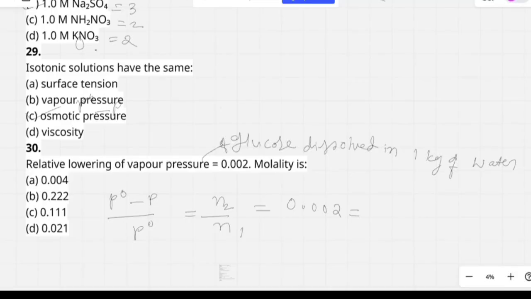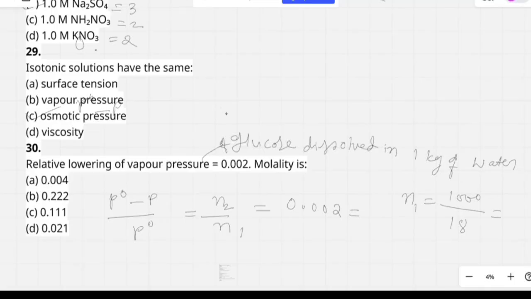See here, 1 kg of water is the solvent here. n1 is equal to 1 kg, that means 1000 gram divided by 18. W divided by M. That is 55.55 moles.